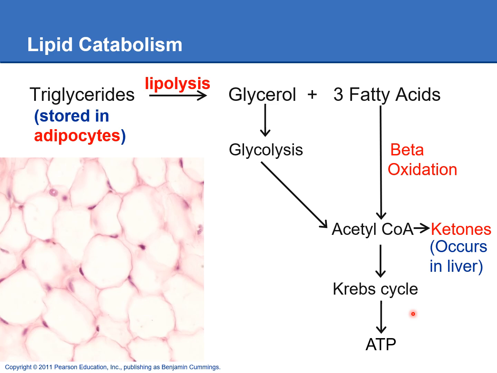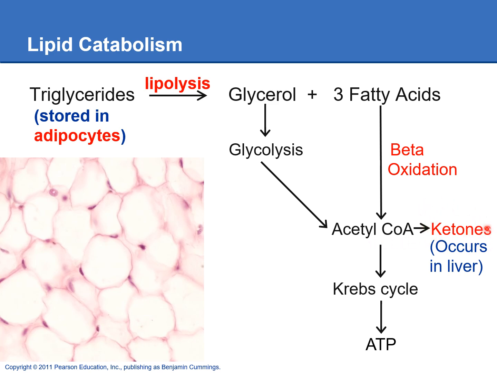And so they're breaking down lots and lots of triglycerides, and so the acetyl-CoA starts to build up, and it can't all go into the Krebs cycle, so the body's like, well, we got to get rid of it. So the liver will convert some of the acetyl-CoA into these ketones.